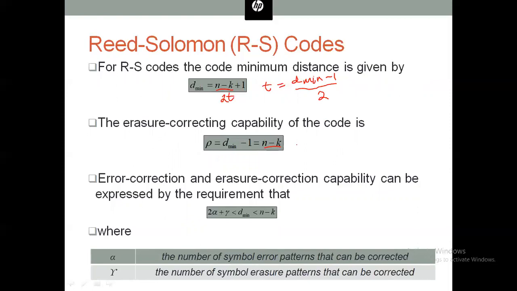So we can say that the error correction capability of the code is 2 alpha plus gamma, where alpha is the number of error patterns to be corrected and gamma is the erasure correction, and that is less than d min, and d min is less than n minus k.